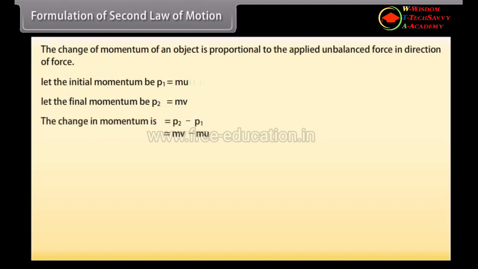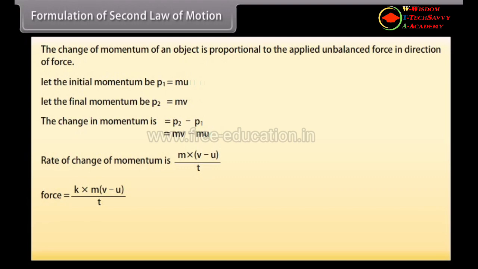The change in momentum is P2 minus P1, which equals mv minus mu. Rate of change of momentum is m into (v minus u) whole upon t. Force is equal to k into m into (v minus u) whole upon t. Force is equal to kma, where k is the proportionality constant.